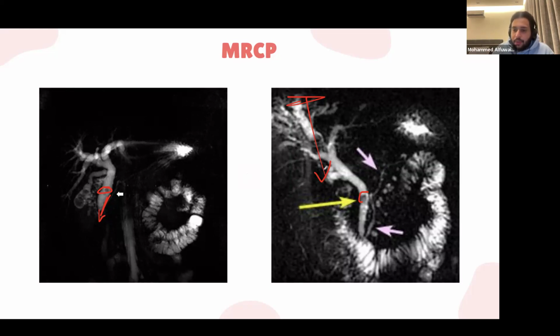For gallbladder diseases, what is the first line investigation? Gallbladder ultrasound. Good. For gallbladder stone, you have a second line, which we'll get to later, but it's not any of these.